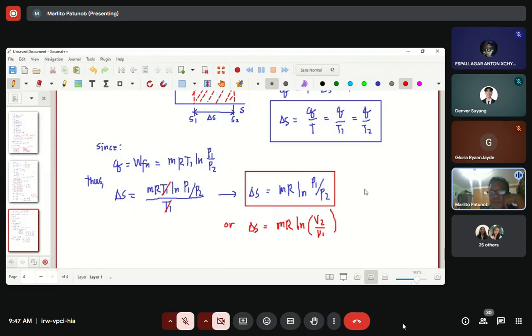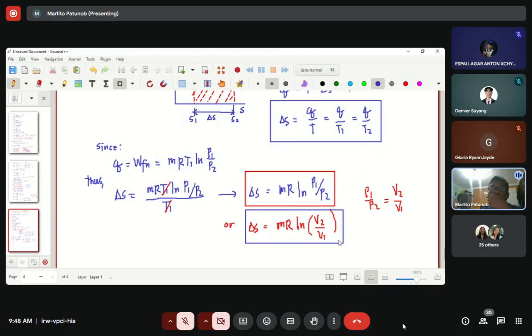Okay, we know already P1 over P2 is equivalent to V2 over V1.